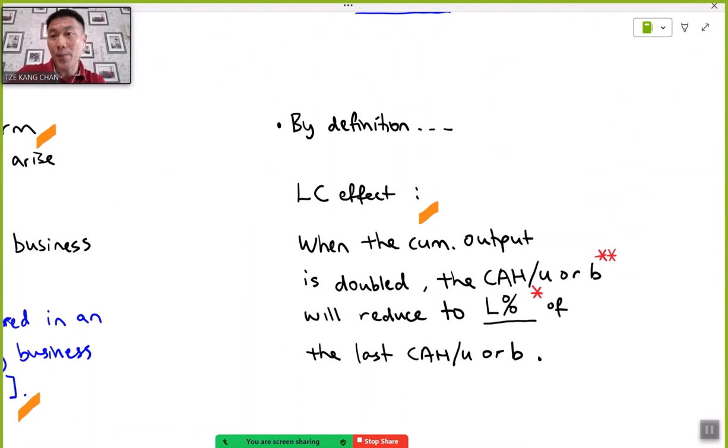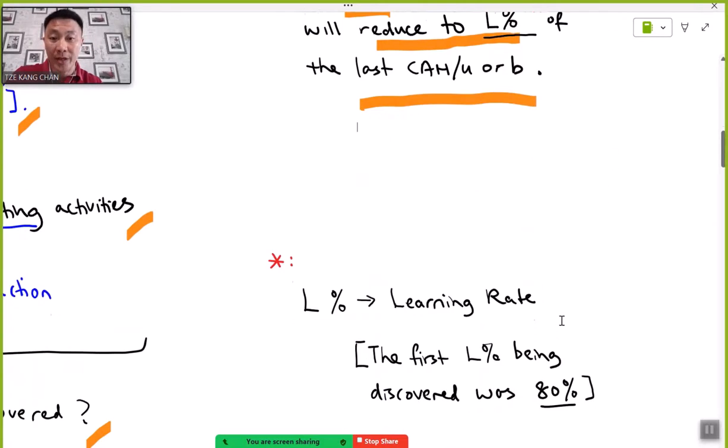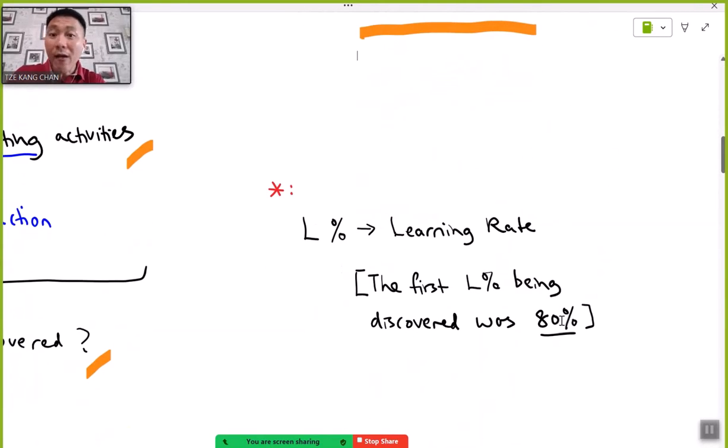It is said to be when output, particularly the cumulative output, doubles, the cumulative average hours per unit or batch will reduce to L% of the last reading. What exactly is L%? Let's take a look at the asterisk below. The L percentage is said to be the learning rate.